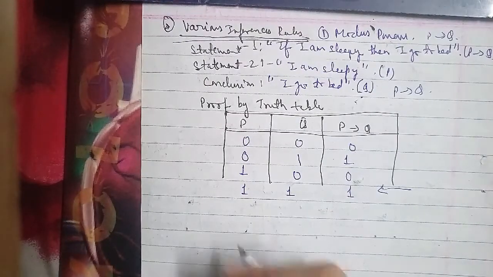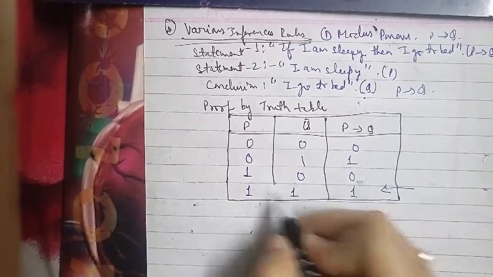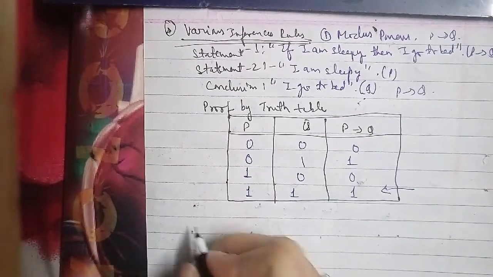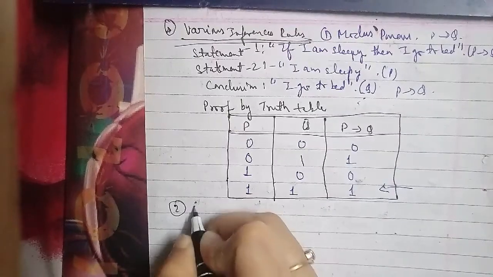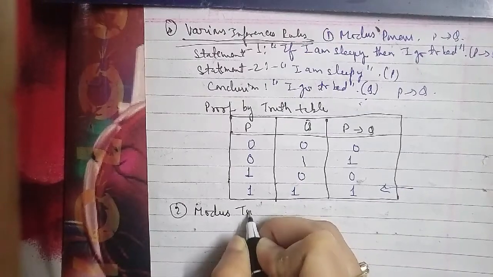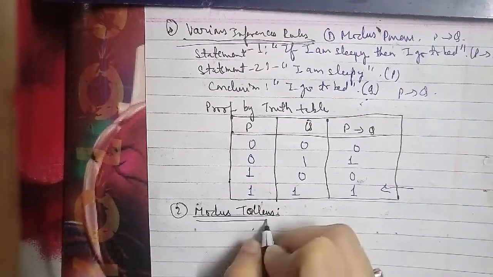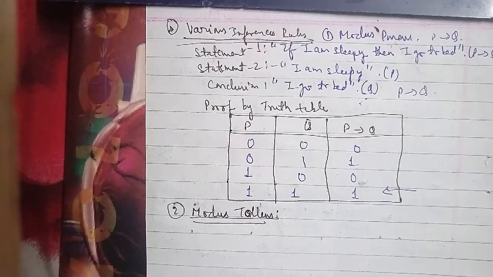Let's go ahead with the second one, that is modus tollens. The modus tollens rule states that if P tends to Q is true and Q is false, then P will be false.